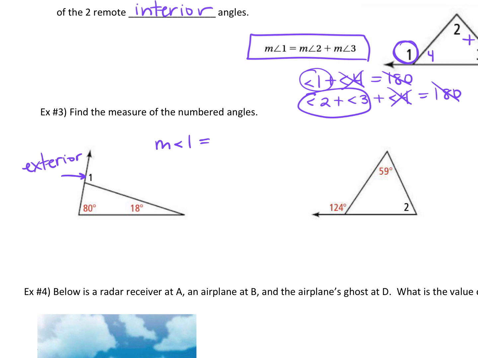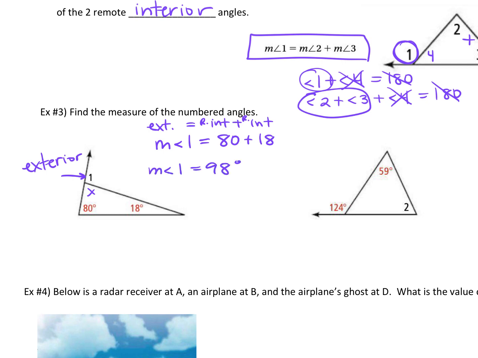What are your remote interior angles for angle 1? 80 plus 18. 80 and 18. So the exterior equals interior plus interior. And it's technically the remote interior plus the remote interior, right? We don't want the one next to it. We don't want this guy right here. We want the ones that are farther away from the angle. So the measure of angle 1 would be 98 degrees.